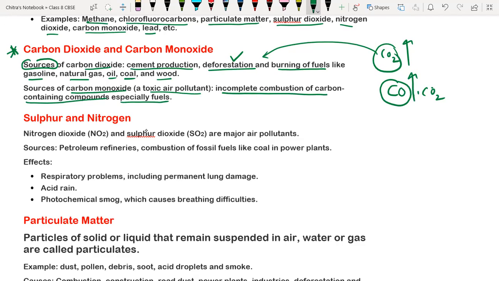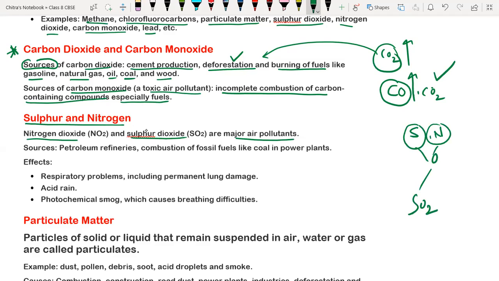Now we will understand about sulfur and nitrogen oxides. Nitrogen oxide and sulfur dioxide are major air pollutants. Nitrogen and sulfur are present in fossil fuel and petroleum. When they burn, the sulfur as well as the nitrogen react with oxygen, and sulfur will form sulfur dioxide and nitrogen will form nitrogen dioxide.